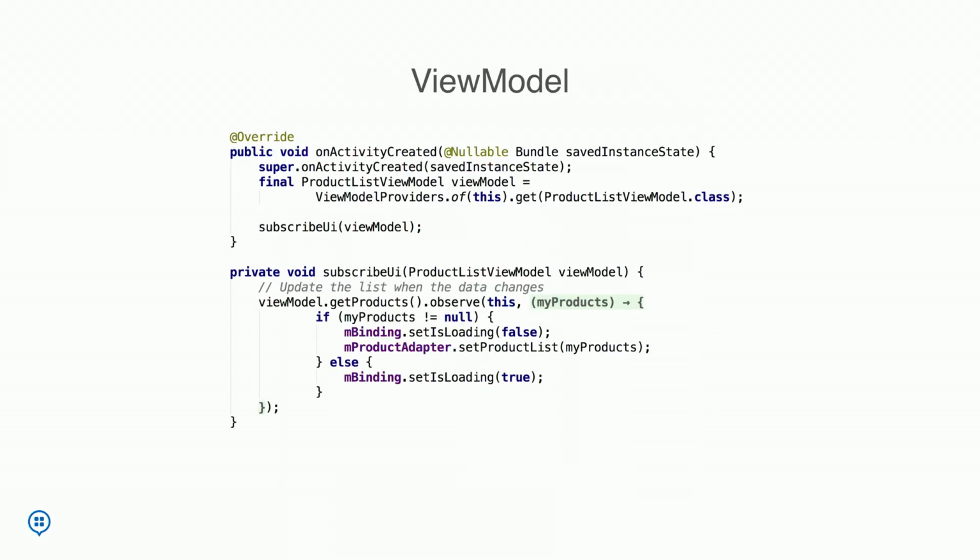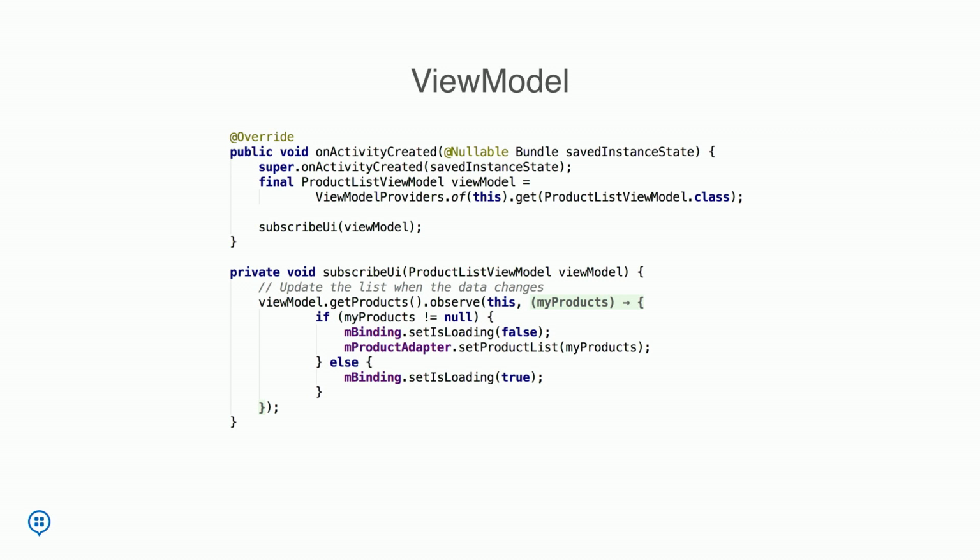Okay, and so here's an example of how you might use one. You can see that when this fragment is first created, we're asking for the view model provider to give us an instance of our view model. Now, the first time this call is made, you're going to get a new one, a fresh instance of the view model, and then subsequent calls made from the same scope are going to give you that same instance back.